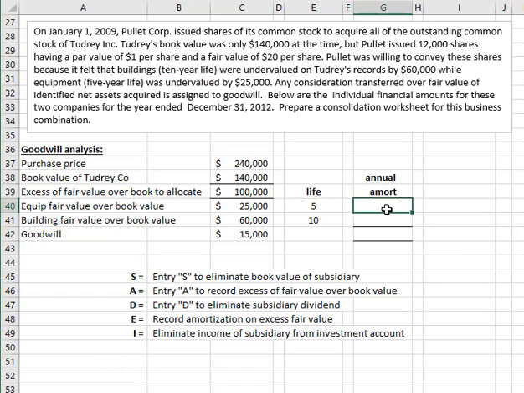So the annual amortization on the equipment will be the $5,000, and you can probably tell from just looking at it, it's going to be $6,000 for the building, for a total of $11,000. We'll need to use that $11,000 in our consolidating journal entries, so we wanted to go ahead and calculate that here. Now we're ready. I put this out here, by the way, for your notes, what the 5 classic consolidating entries are.